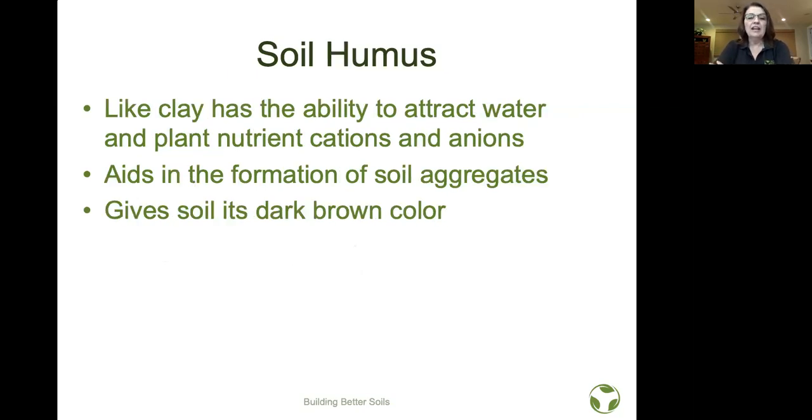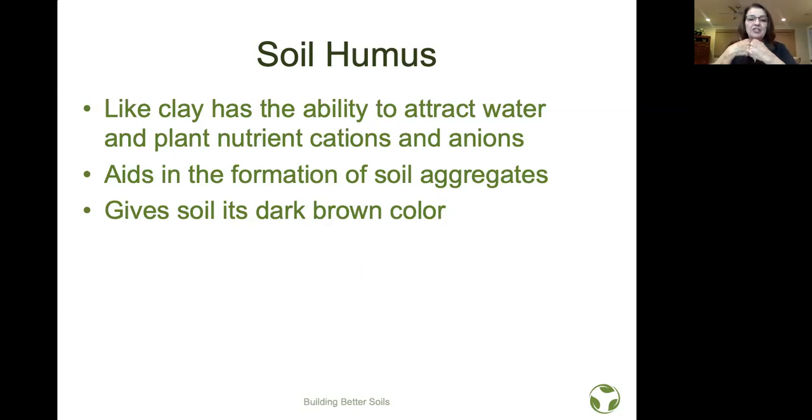So like clay, soil humus, colloidal humus in the soil has the ability to attract water and plant nutrients. So the cations, but it also can attract and hold anions. So it actually chelates some of these nutrients so that we don't get leaching, and it's more available for plant growth, especially phosphorus.